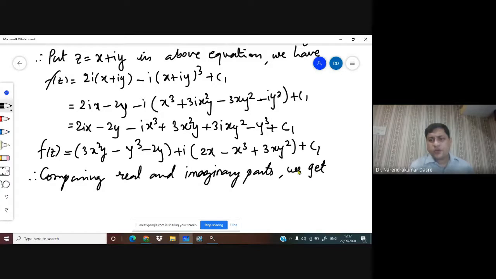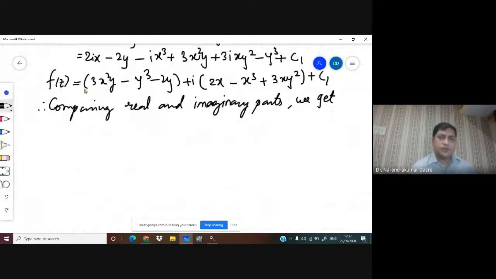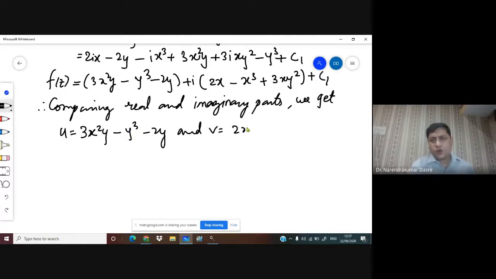We get u is equal to 3x square y minus y cube minus 2y, and v is equal to 2x minus x cube plus 3xy square.